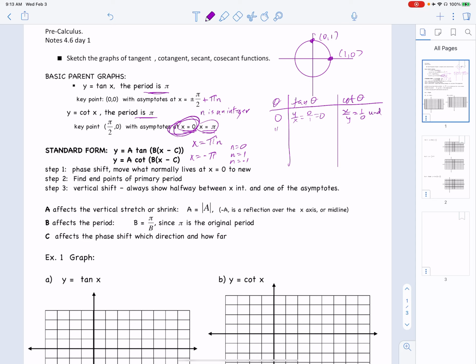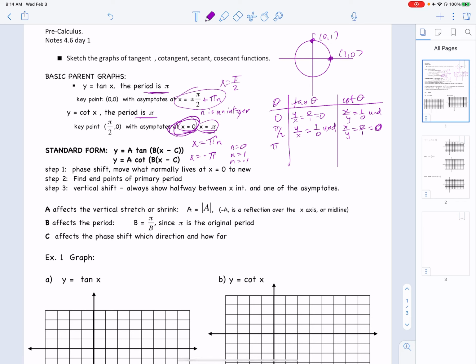Tangent is y over x again, and 1 over 0, I can't divide by 0, so tangent is undefined. That's why one of the asymptotes is x equals pi halves for tangent. Now for cotangent, it's x over y, so you get 0 over 1, and that is 0. So cotangent is 0 at pi halves.